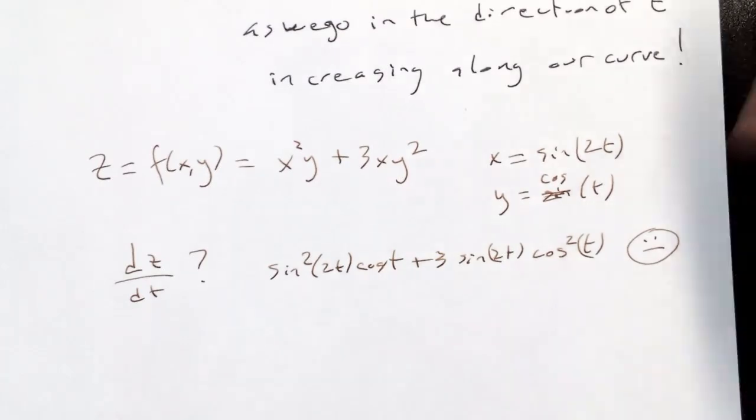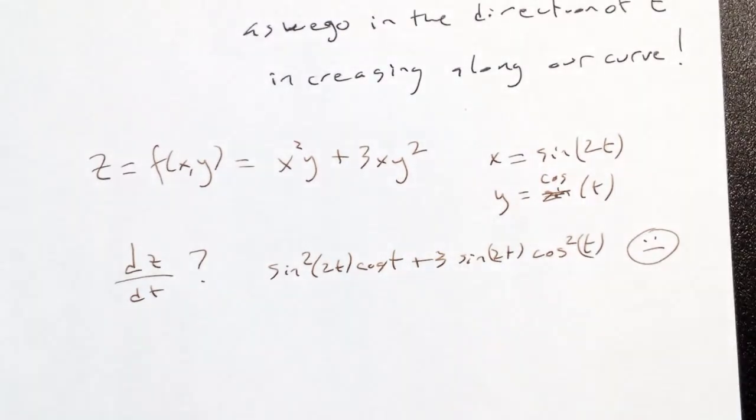let's think about the chain rule. Chain rule says take the derivative of the outside, leaving the inside alone. But the inside is two pieces. Z has both x and y in it. So if I take that, it's not a regular derivative. It's a partial derivative.